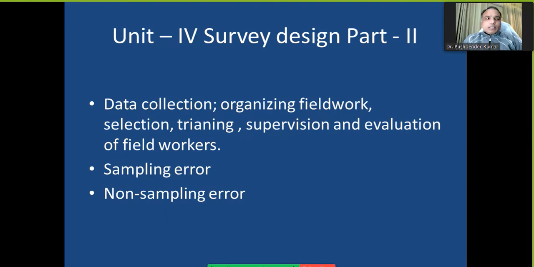So before you send your questionnaire and an individual to a particular person or to the field, you should have the right selection process, and then once you have selected a person, you need to train them on how to approach an individual, how to approach a respondent, how to take consent from them, and finally take their responses in terms of filling out the questionnaire.